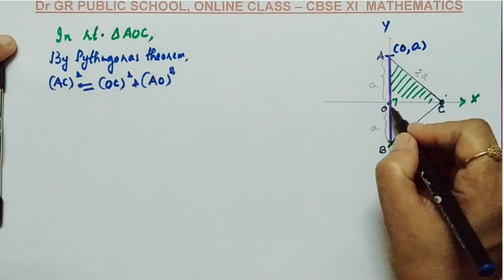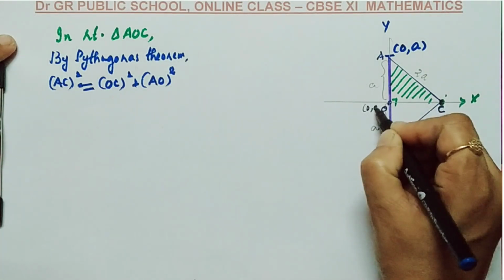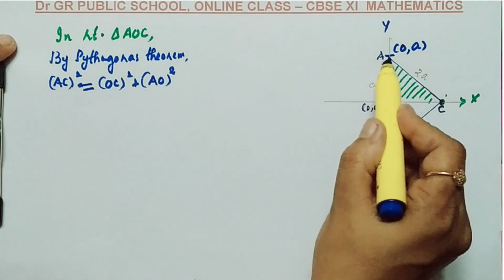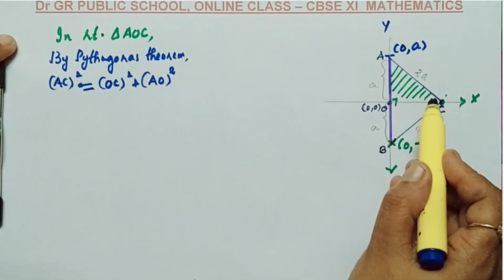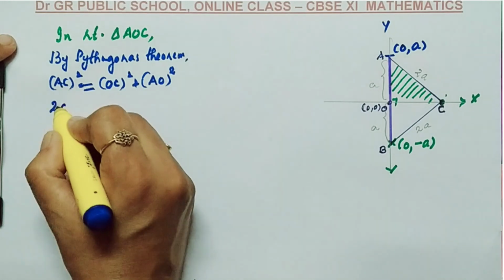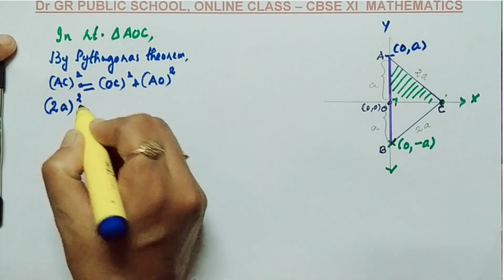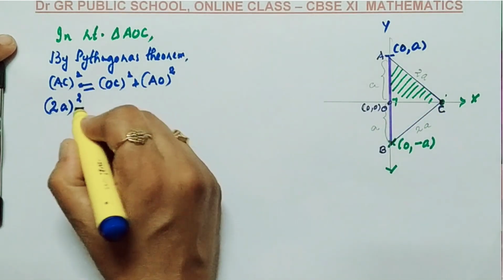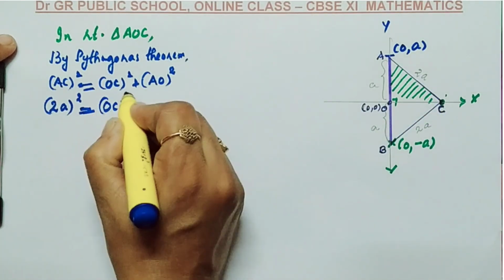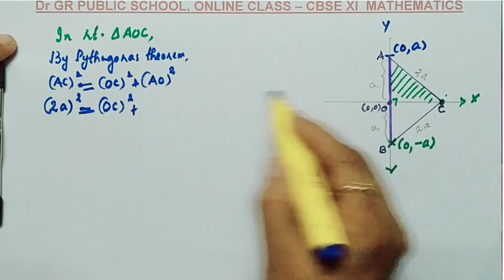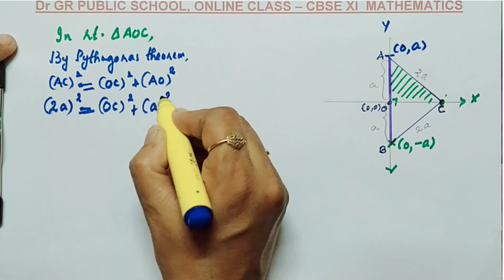You know that O is the origin, hence its coordinate is (0, 0). Now I am going to substitute the values. AC is actually the side of the equilateral triangle which is given in the question as 2A. So AC square becomes (2A) the whole square equals OC square, where OC you need to find, plus AO, which is known to be A units, so it is A square.